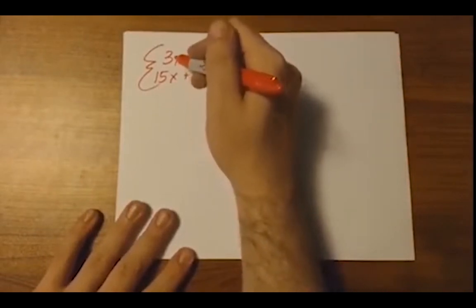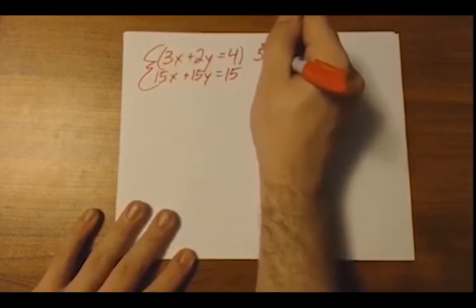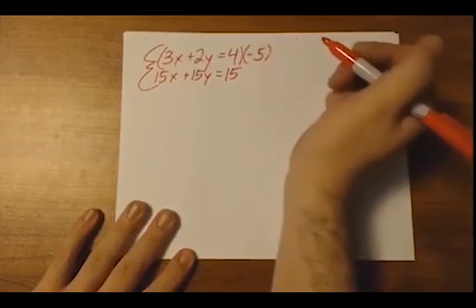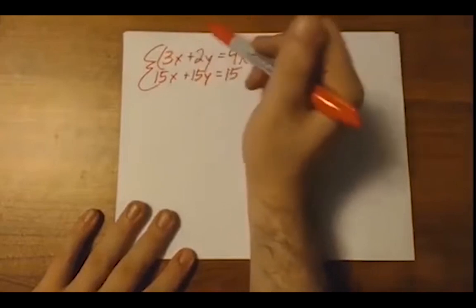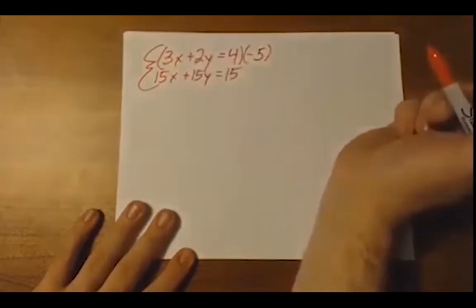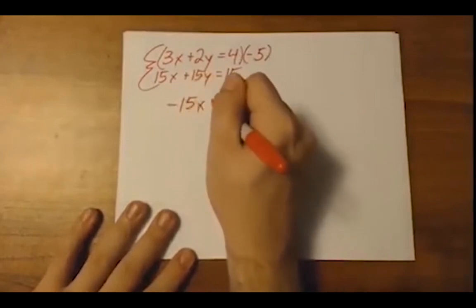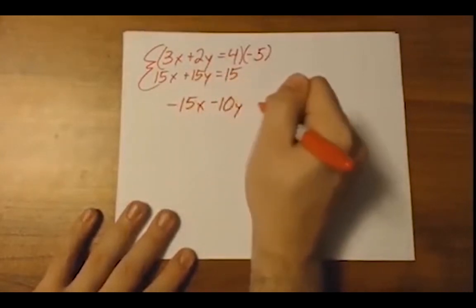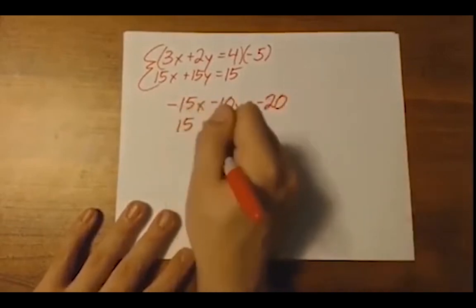I can easily multiply 3 to 15. 3 times 5 is 15. But I'm going to use negative 5 because I want it to be a negative 15 so that it cancels out the positive 15. Negative 15x minus 10y equals negative 20.